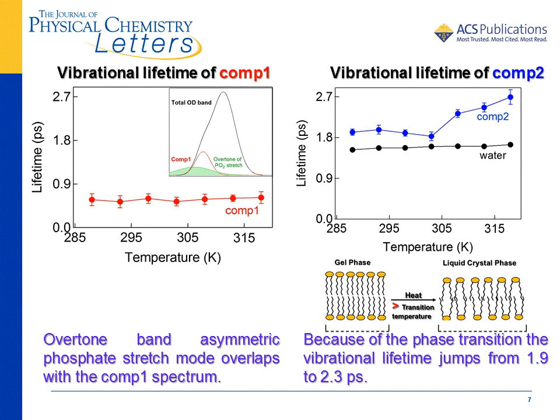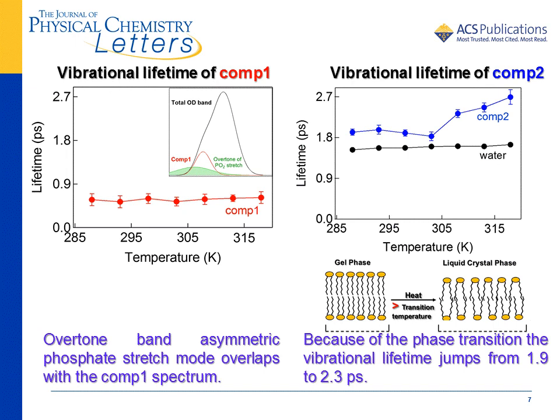As temperature increases from 303 to 308 Kelvin, the vibrational lifetime tau2 jumps from 1.9 to 2.3 picoseconds. This sudden increase of the vibrational lifetime has not been observed before.